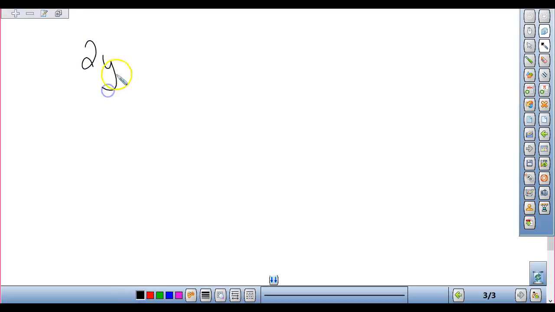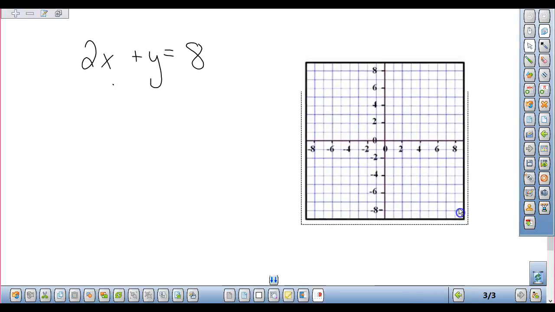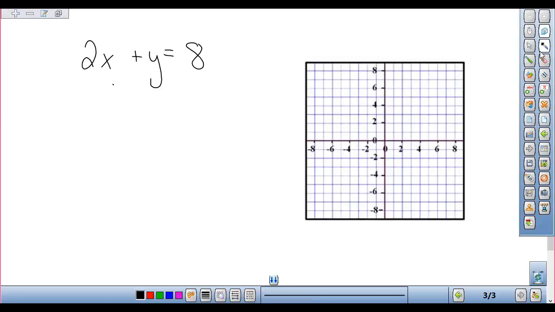All right, so let's say I have 2x plus y equals 8. Okay, so let's find the y-intercept.